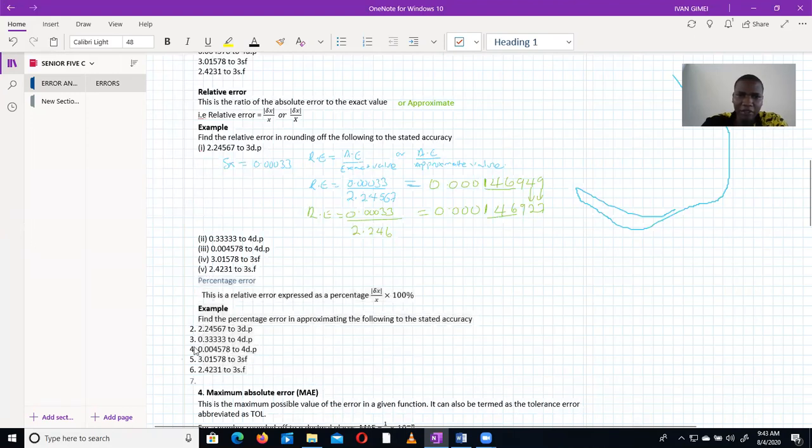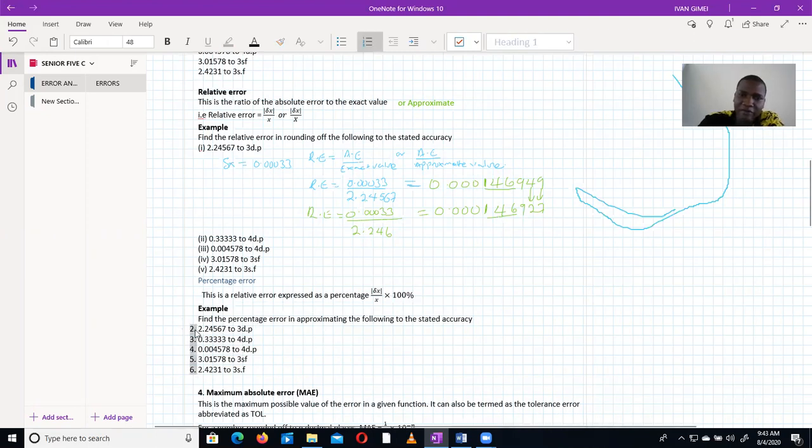Okay, the other term that we need to look at is percentage error. How do you find percentage error? We're simply saying that if you express relative error as a percentage, what you come up with is what we refer to as percentage error.